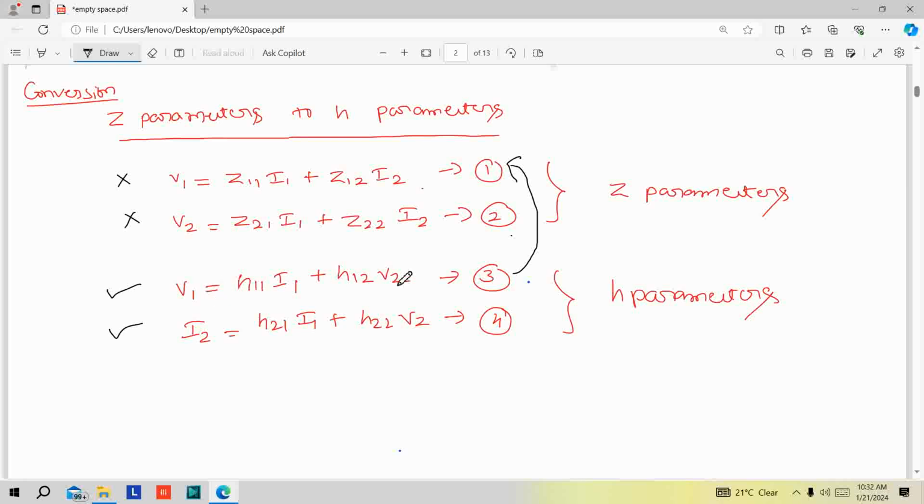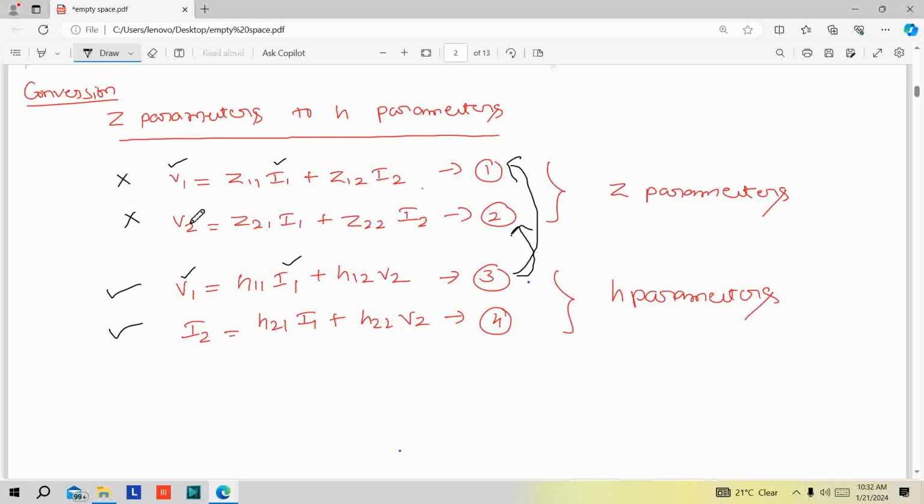Now consider equation 3 and compare with equation 1. Here voltage V1 is here, V1 is here, I1 is here, I1 is here, but I2 and V2 are not matching, correct? Then don't alter equation 3 yet. Before that, compare with equation 2 also.